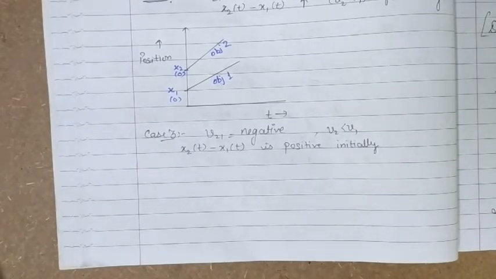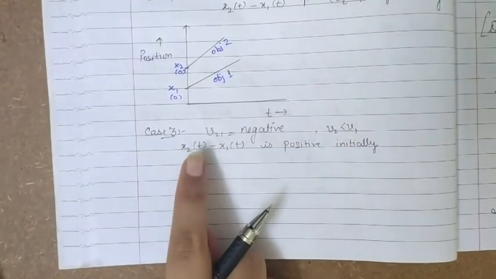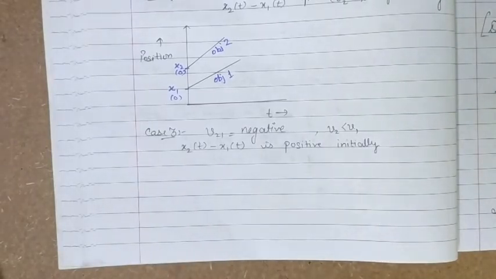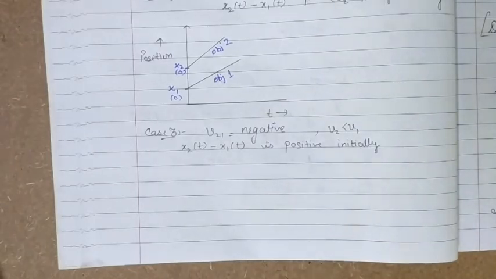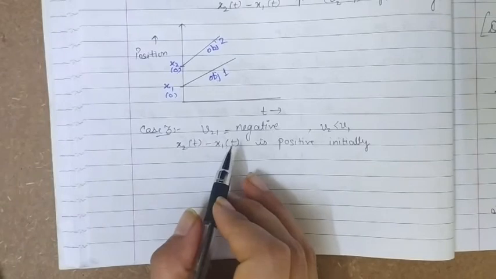So after a certain time they will meet at some point, and when they meet, this relative separation becomes 0 and x2(t) equals x1(t). After that meeting point the first will continue to move at its pace, and the second at its pace, which is a bit slower than that of the first one. So their separation starts becoming negative, and x2(t) minus x1(t) after the meeting point becomes negative.